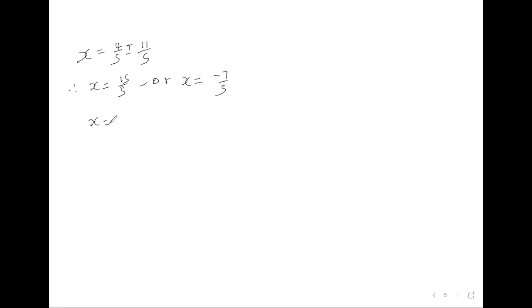So we have x equals 3, or x equals negative 7 over 5. Now, there is a condition which we are given in the question, that x must be less than 0.